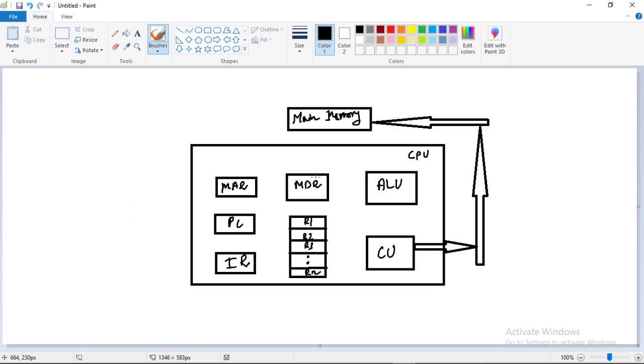Now, whenever you are storing the data and the instruction inside the CPU itself, the CPU will be very happy. Why? Because it can access the data and the instruction from those registers, since they are present there. So for that reason, the processing will be very fast and the CPU can do its job very efficiently and conveniently.